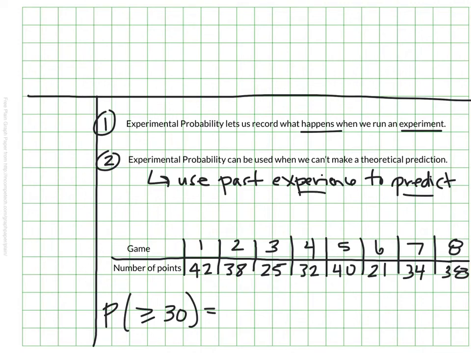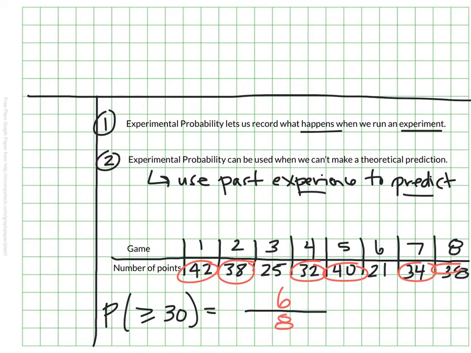Maybe I want to see what the probability is that this team will get at least 30 points. And I've recorded it here with my symbol, greater than or equal to 30, right? I want to have at least 30 points. Well, if I make a ratio here of the number of outcomes that meet what I'm looking for, I can see that there are 1, 2, 3, 4, 5, 6 times that met that stipulation, so at least 30 points, out of the total 8 games that they have played.